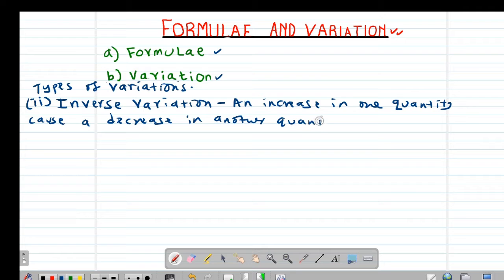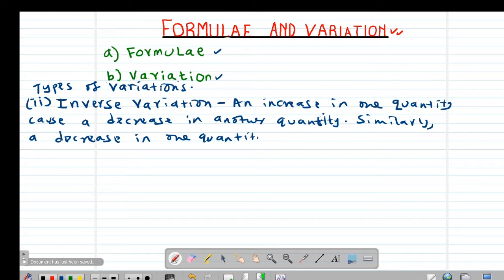Similarly, a decrease in one quantity leads to or causes an increase in another quantity.